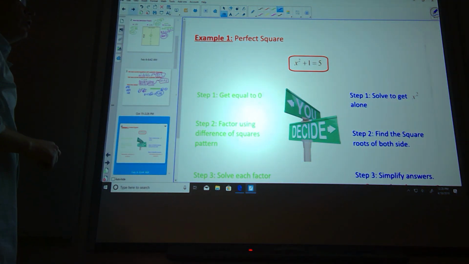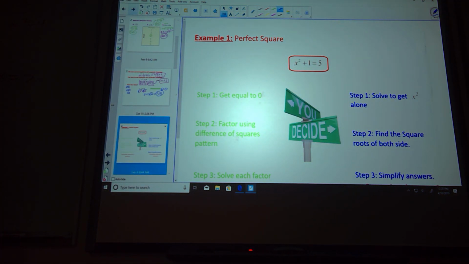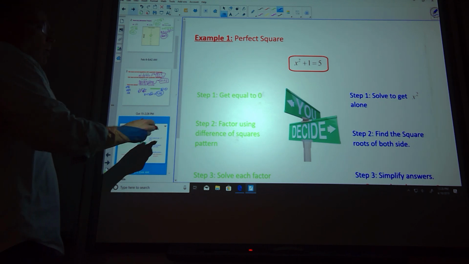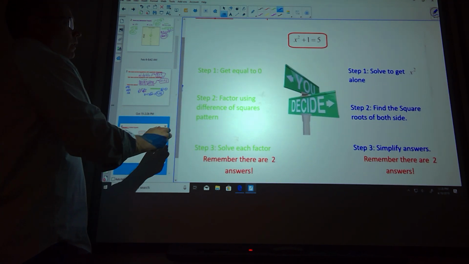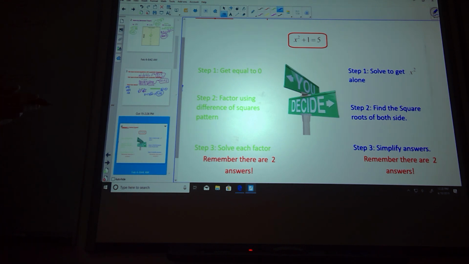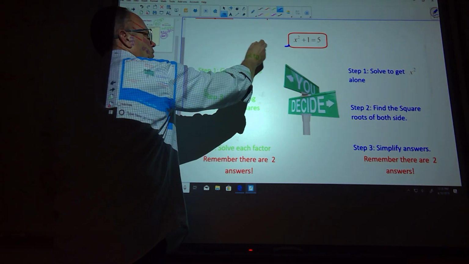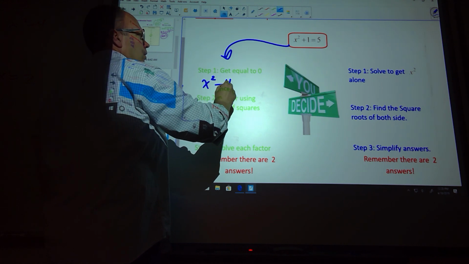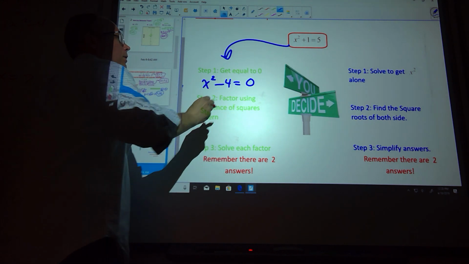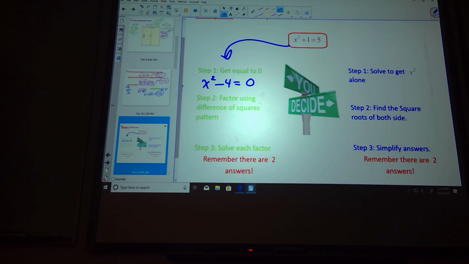All right. So, there are 2 different ways that you can go about trying to solve this problem. Okay? So, the first way is get it equal to 0. So, if I were to bring this way, I can do this. What did I do to get there? How did I make it equal to 0? Where did the 5 go? I subtracted 5.